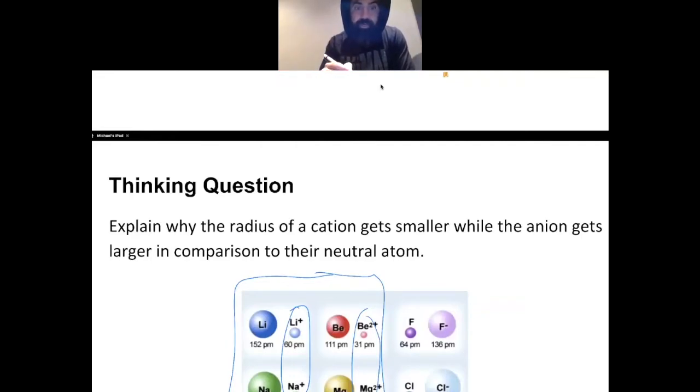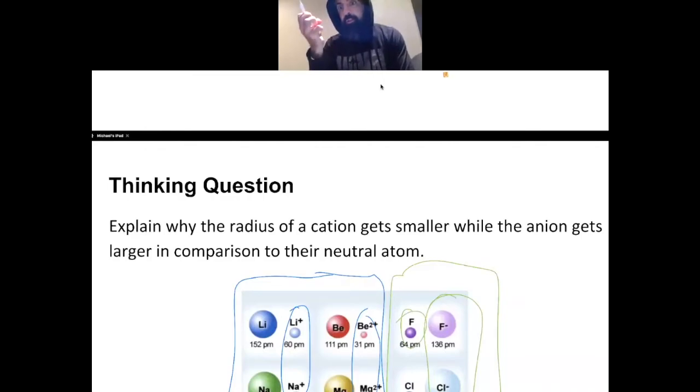Anions, on the other hand, the anion will in fact get larger because, remember, this nucleus has the ability to attract all of those electrons. It's got the same number of protons as it does electrons, so it's able to bring that valence shell closer together.